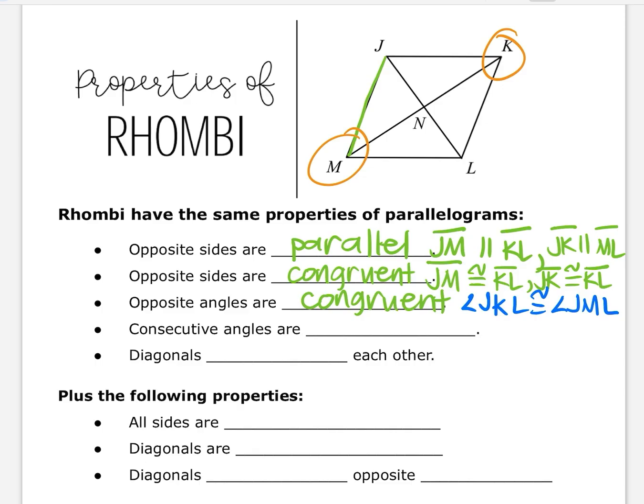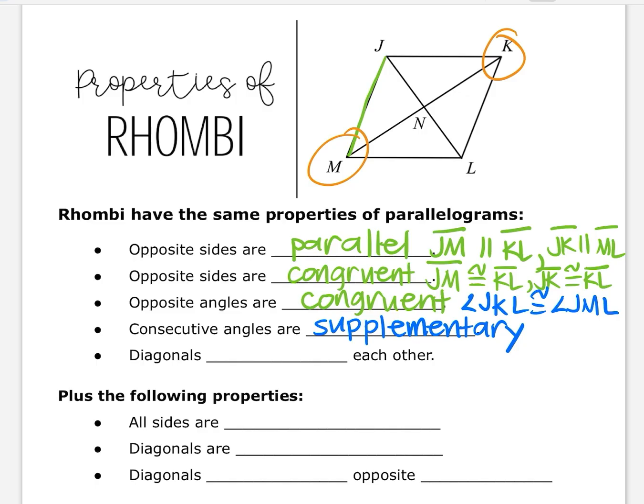The next property is that consecutive angles are supplementary. This means that two angles, when added together, are equal to 180 degrees. Supplementary angles or consecutive angles are angles that share the same side.